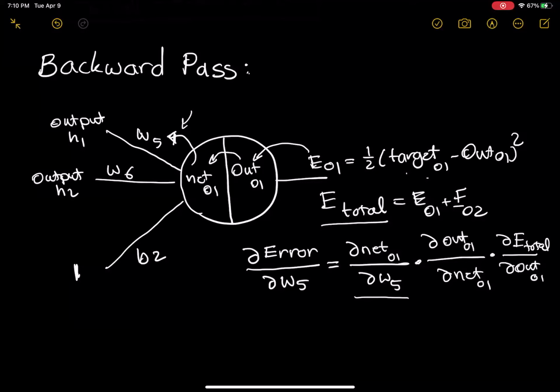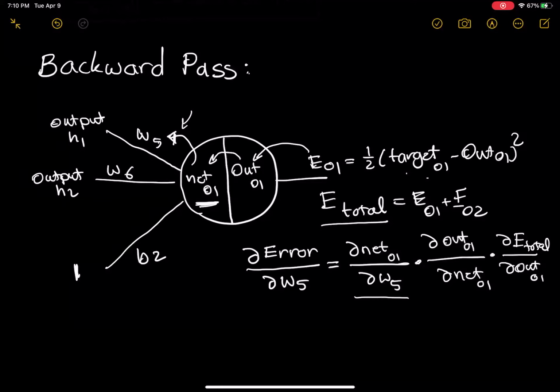Once again, all of this formula is already known. I think this is not something new. I think you understood the feed forward. In the previous step, I showed you how each one of these components gets calculated. For example, net of O1, which is here, is a function of W5.